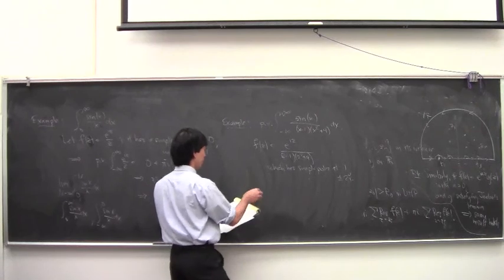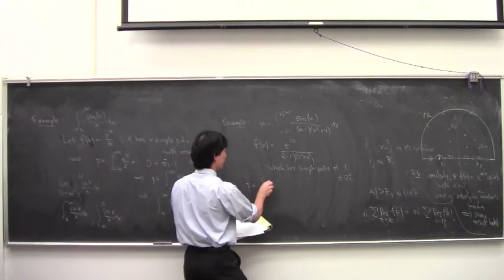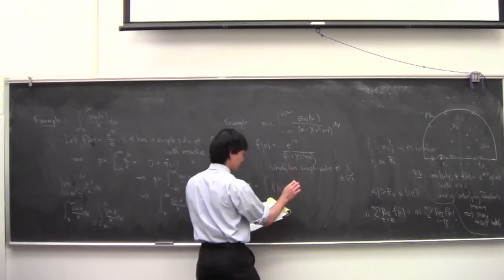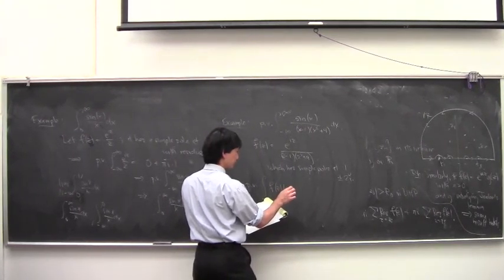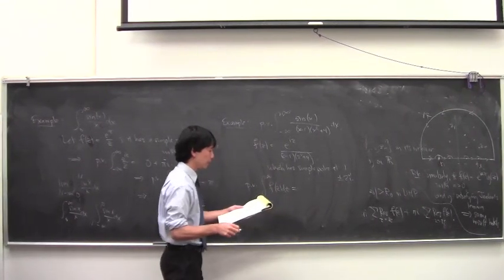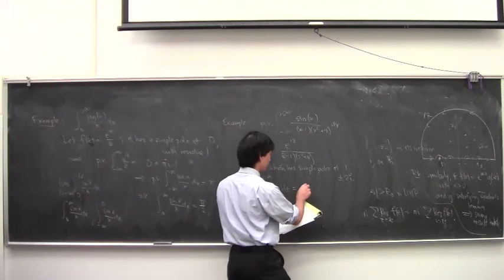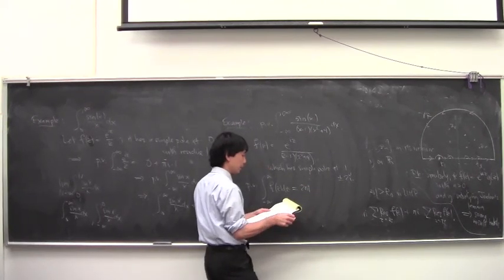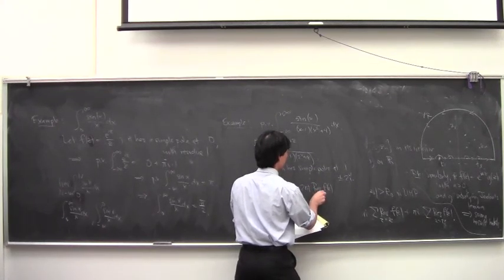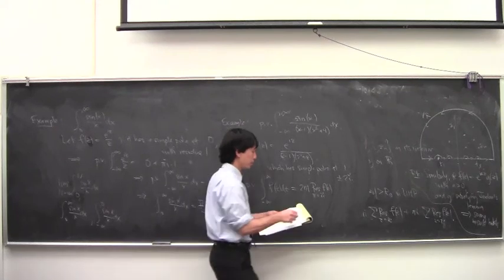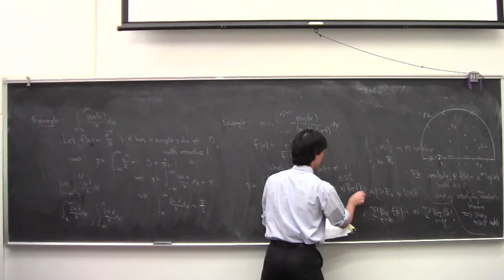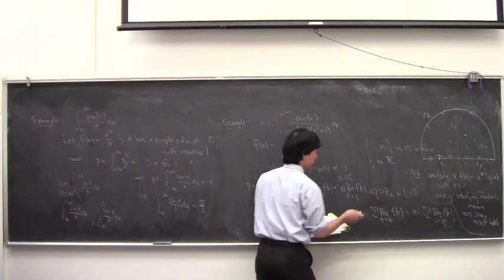Right? The principal value of the integral of f from negative infinity to positive infinity is going to be 2 pi i times the residue of f at 2i plus pi i times the residue of f at 1.